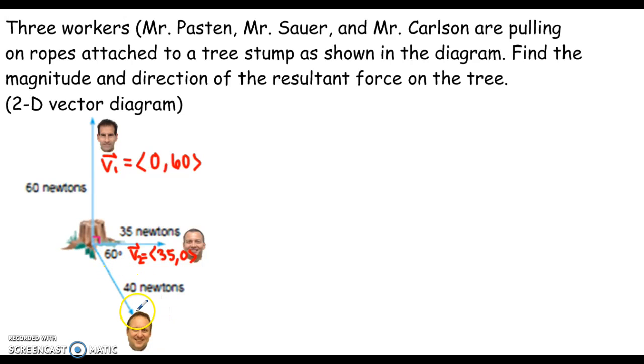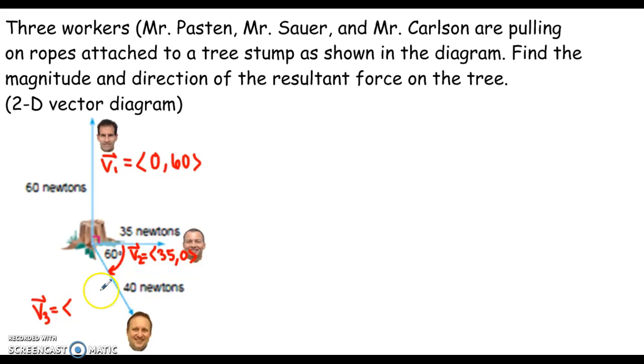Mr. Carlson had to be difficult and gave us an angle of negative 60 degrees, 4th quadrant. So cosine's positive, sine is negative. So we've got to find those horizontal and vertical components. Take a minute and figure those out.